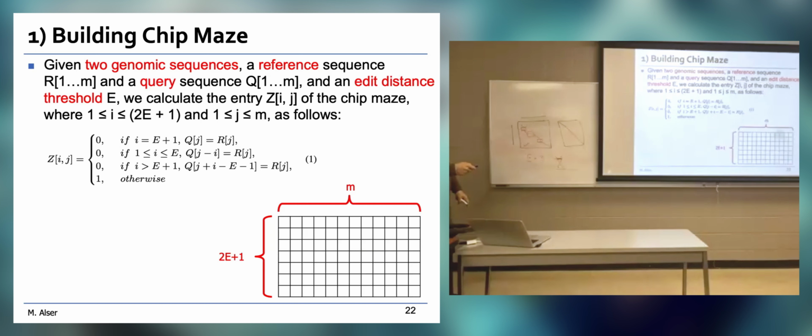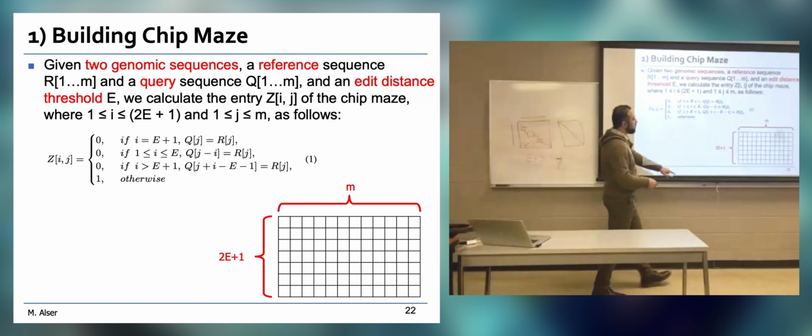And an edit distance threshold that is E, which we use to differentiate between similar and dissimilar sequences. We calculate the entry Z(I, J), which is similar to a dynamic programming matrix, right?